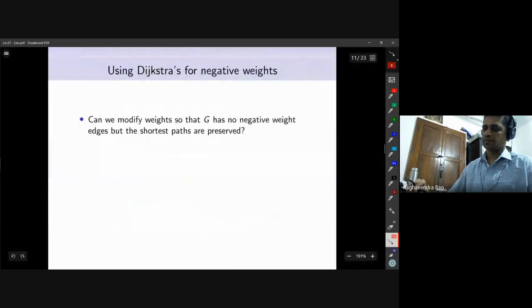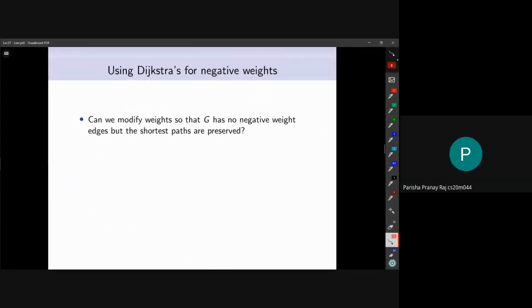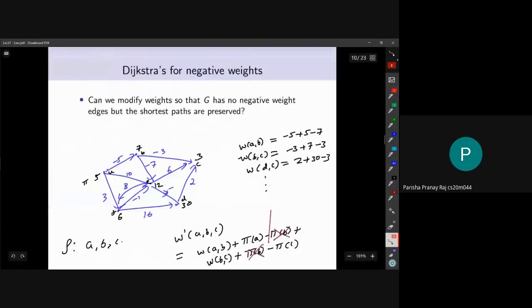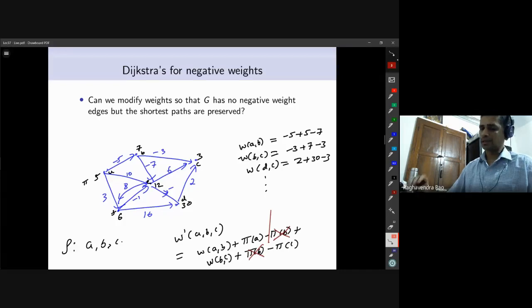Sir, how is this modification preserving the shortest path? I leave it to you to argue it out. This basically preserves the shortest path.